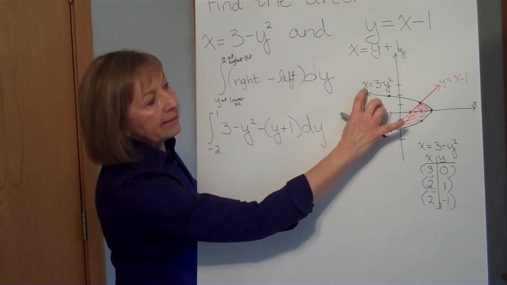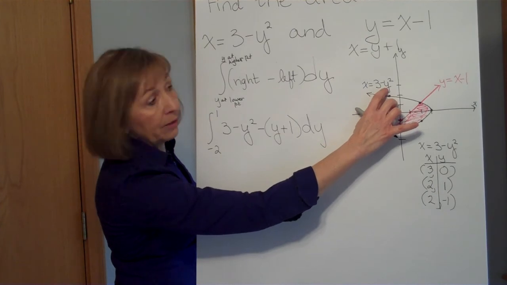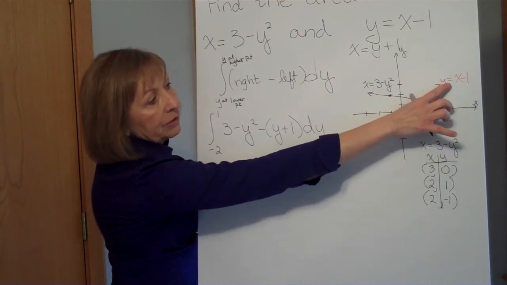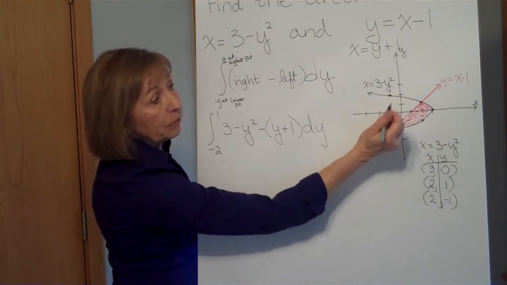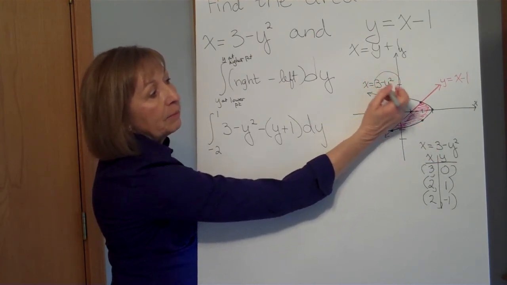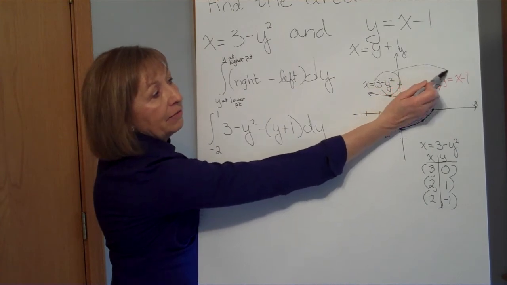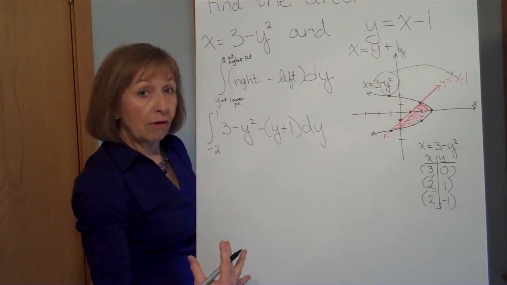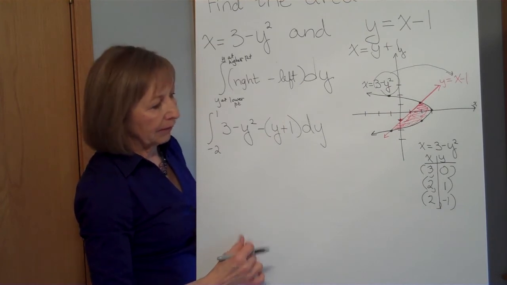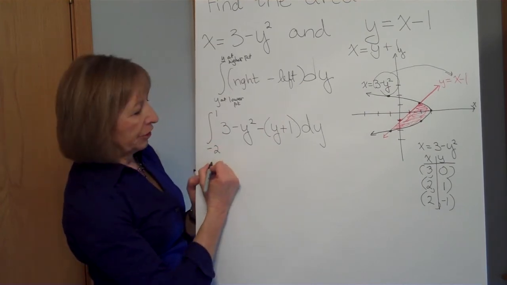Since x is equal to 3 minus y squared, and y is equal to x minus 1, and I want to find the ordered pairs that make them both true, I can plug in the 3 minus y squared for the x, make it an equation all in y's, and then solve for the y's that make that true. Okay, so let's get back to our integration.